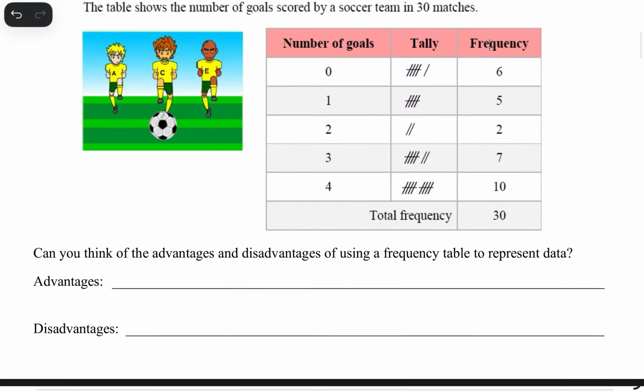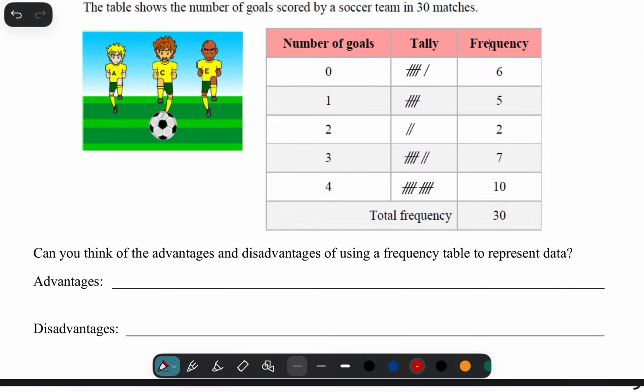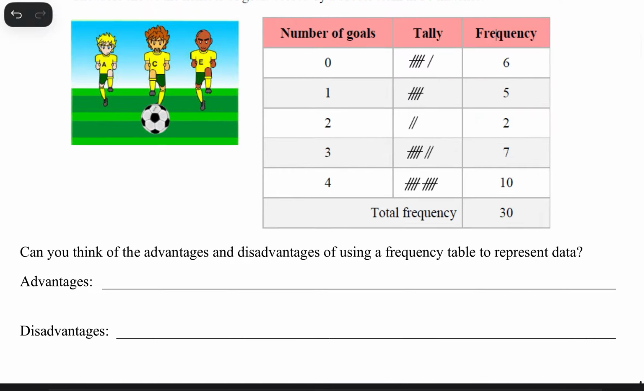Alright, I hope you have already thought about this. The advantage of using a frequency table is that when I look at this, it is very easy to see. It is very clear what the frequency number is based on the tally.